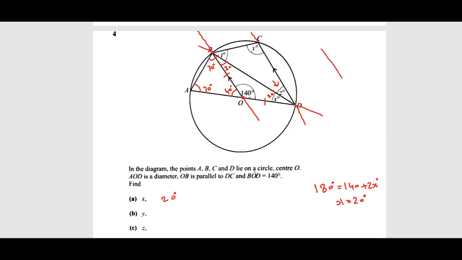So let's say I have two parallel lines and they are being cut by a transversal line. So what do we know? This angle is 20.